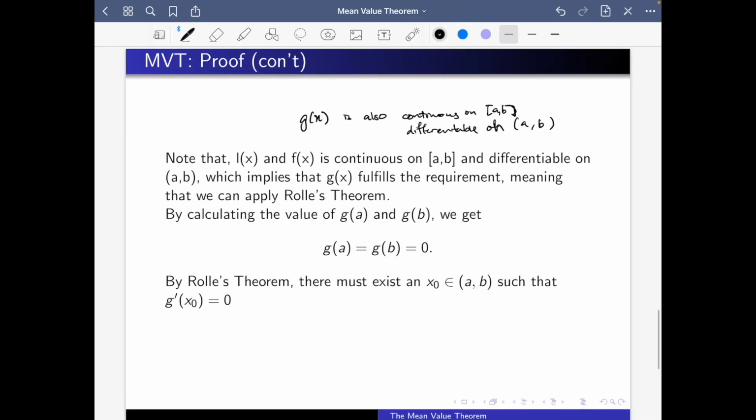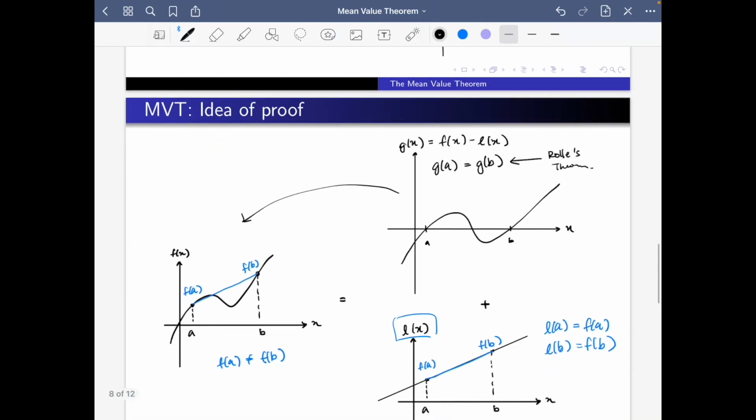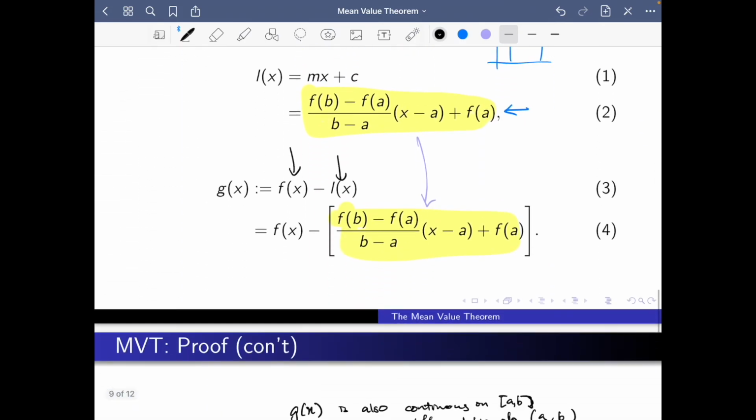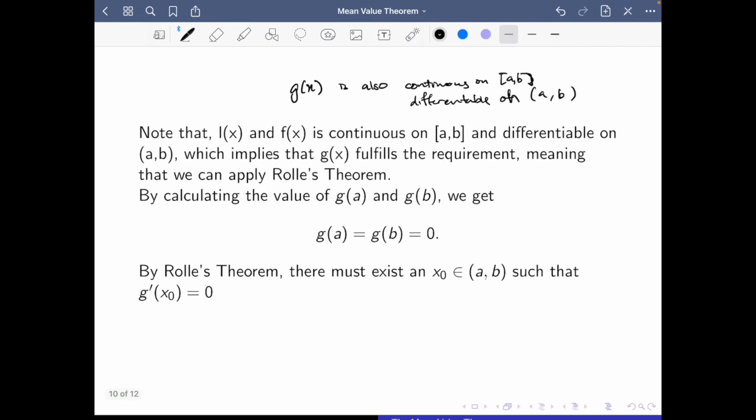By calculating the values of g(a) and g(b), we know that they equal 0. Since, as the graph shows, f(a) minus L(a) is the same point, f(a) minus L(a) equals 0. So g(a) is 0, and g(b) is also 0. With the continuity, the differentiability, and the values of g(a) and g(b), we can now apply Rolle's theorem to the g function.